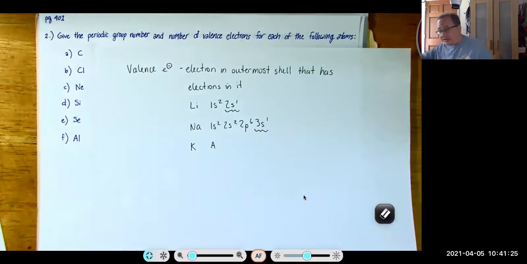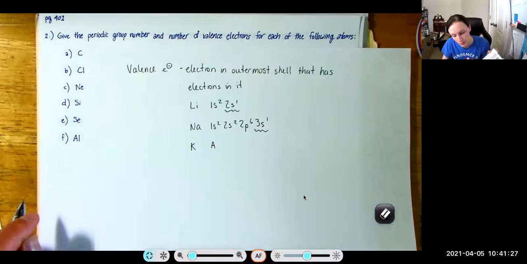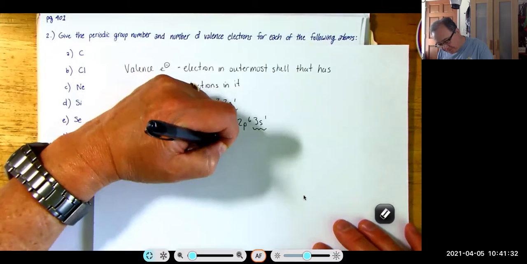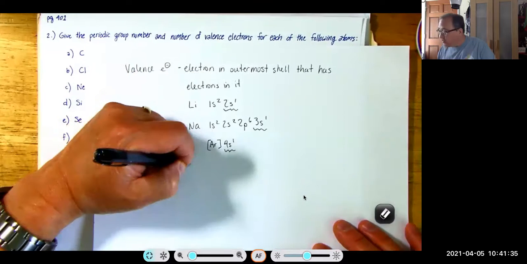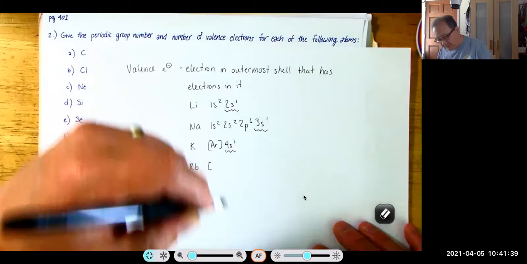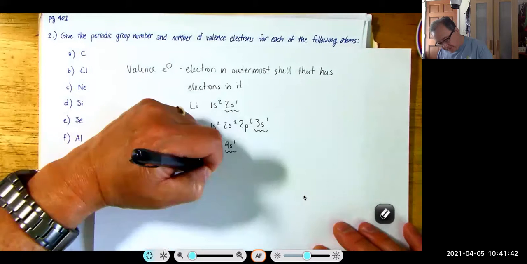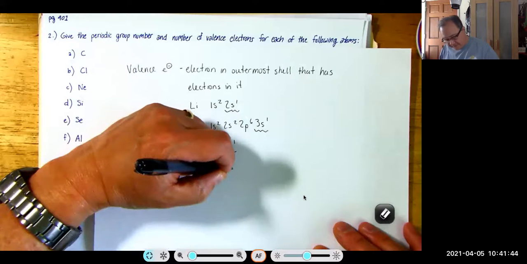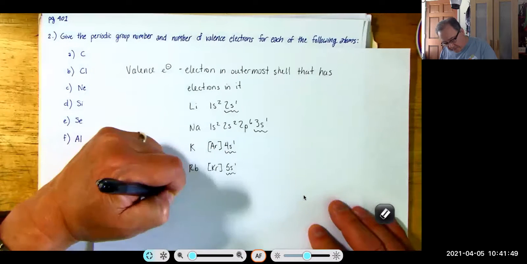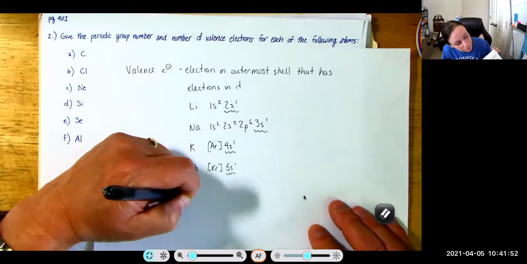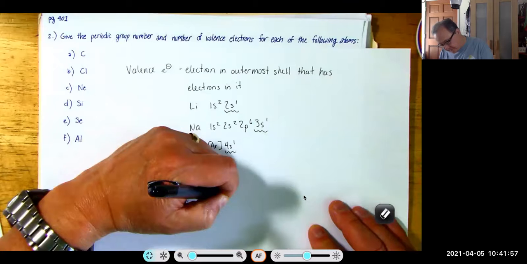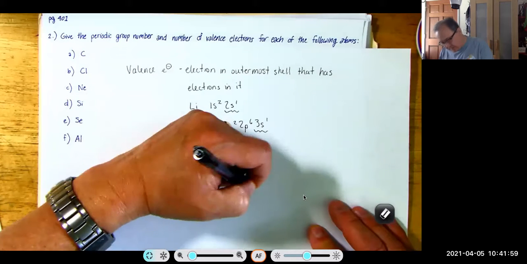I'm going to the noble gas configuration now. Yeah, argon's right. Argon, 4s1, there it is. When we go to rubidium, which is going to be xenon or krypton, krypton, 5s1, there it is. So these are all in group 1A, right? Yeah. And the number of valence electrons is equal to 1.